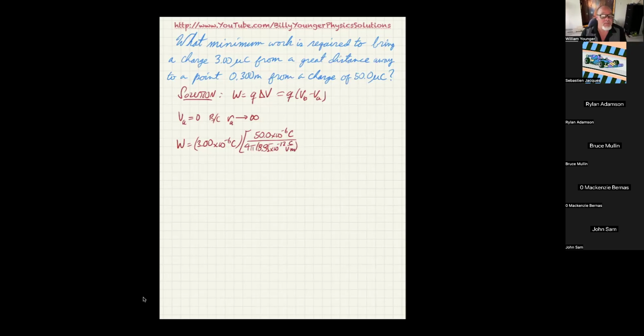And then that distance is going to be the 0.300 meters, like that.